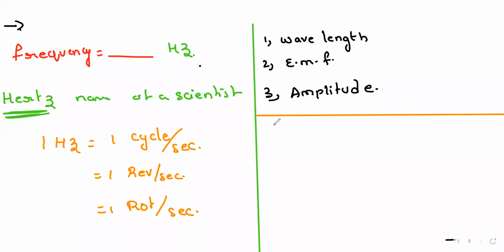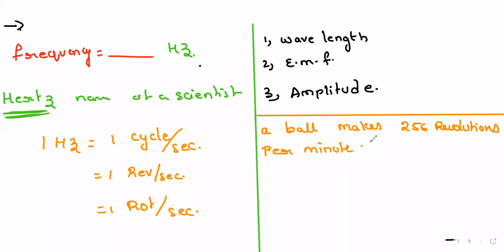They will write like this: a ball makes 256 revolutions per minute, not second, minute.